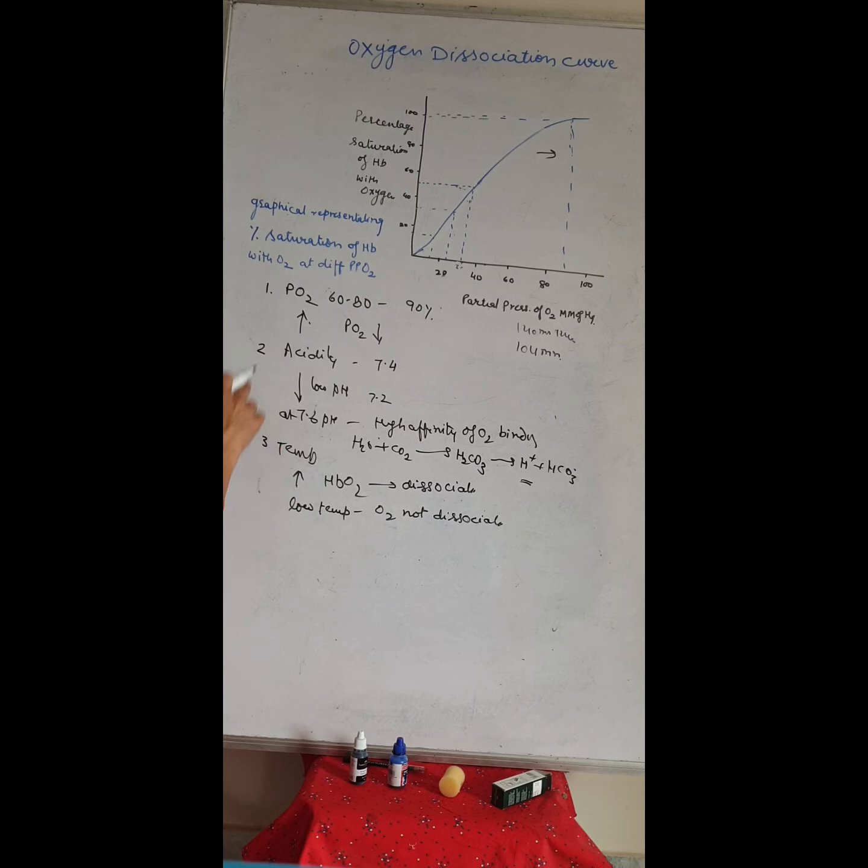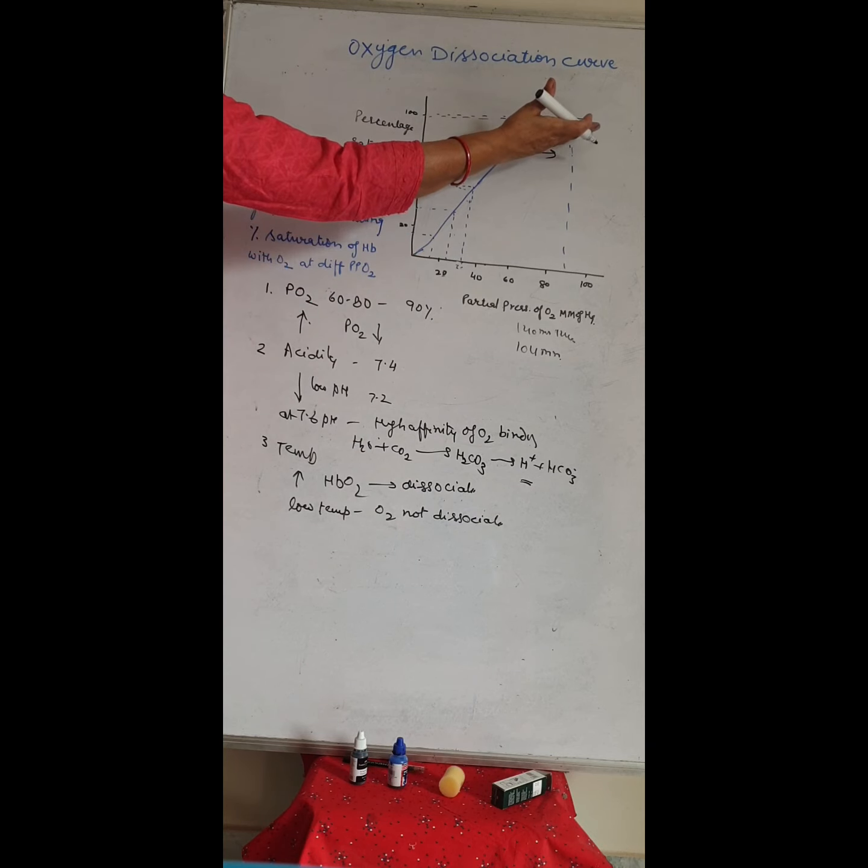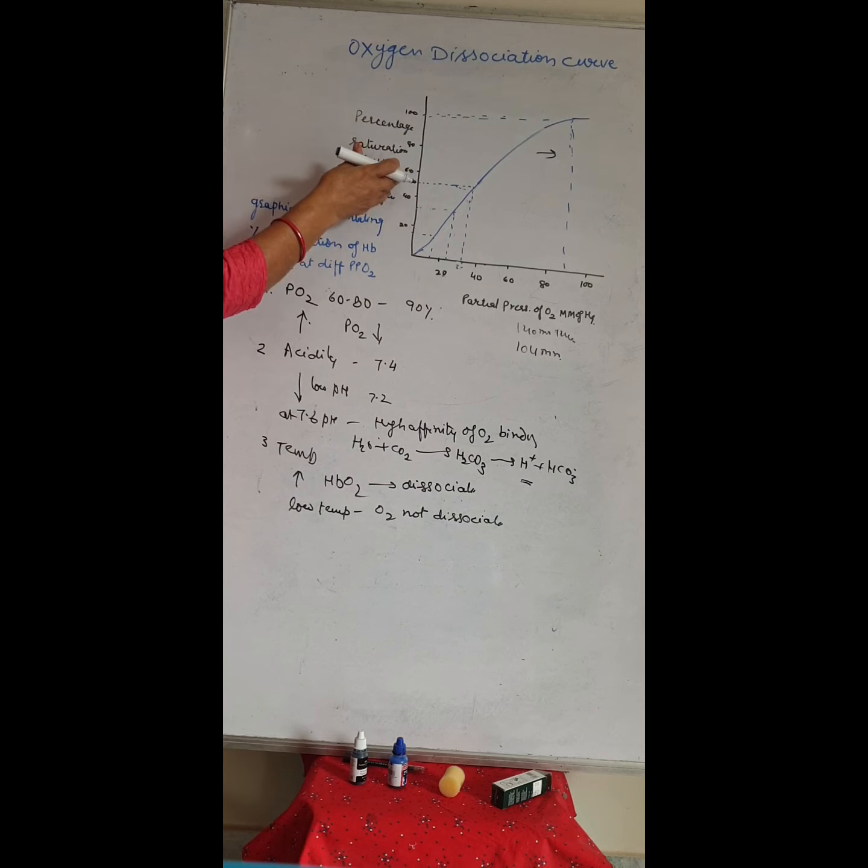These are the following factors that help determine the percentage saturation of hemoglobin with oxygen. If the curve bends here, it means a lower binding percentage. If it goes straight, there is more saturation of hemoglobin with oxygen.